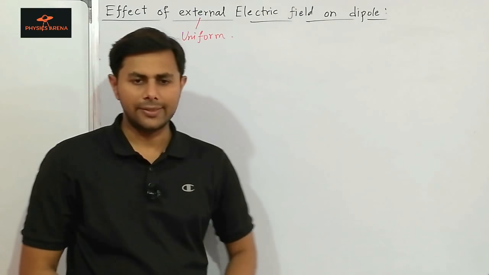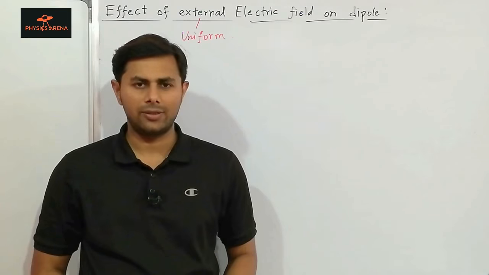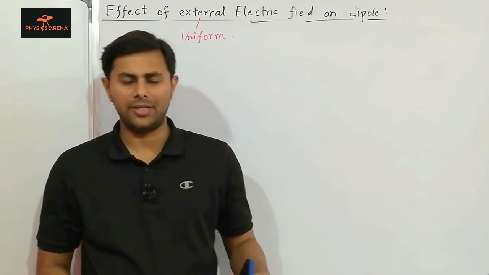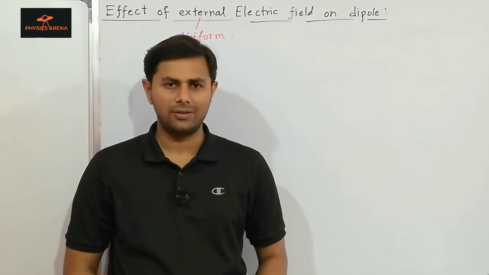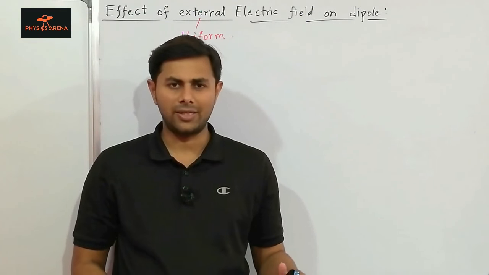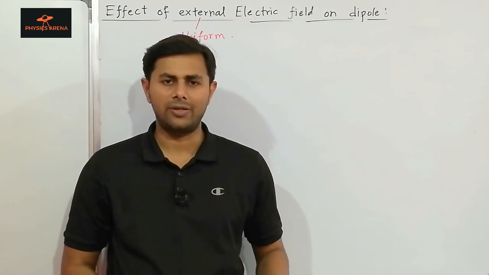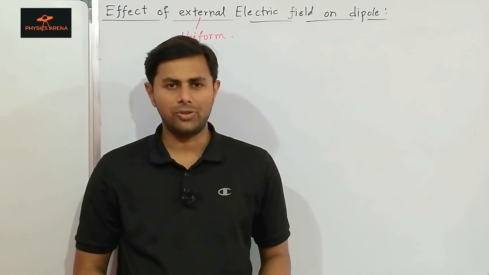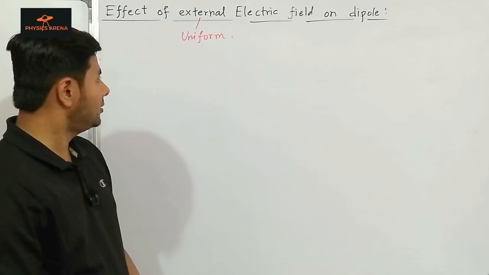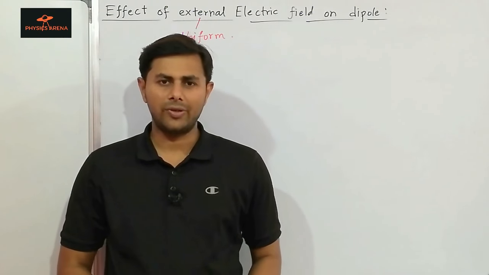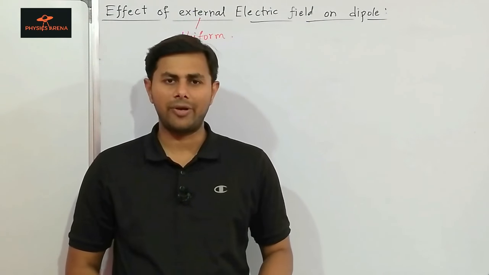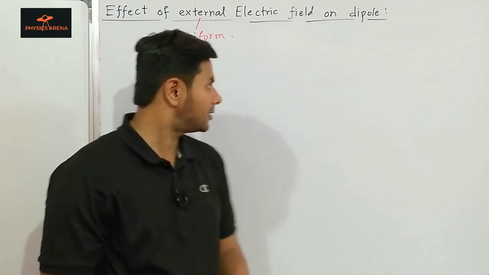Now we know that the strength of electric field is contained in the density of electric field lines. So if electric field lines are dense, the electric field is strong, and if they are rare, the electric field is weak. So how to show the uniform electric field? A uniform electric field is shown by a uniform density of electric field lines.